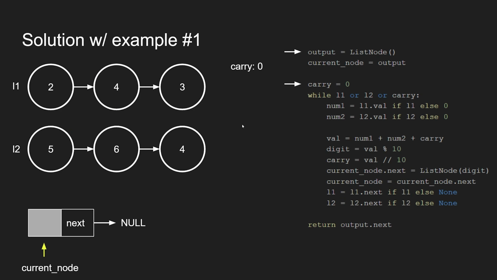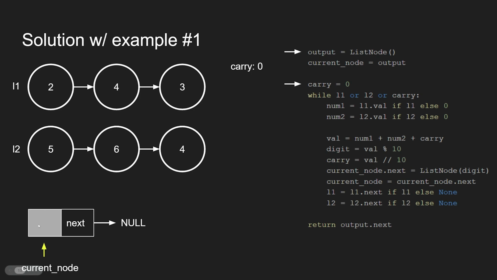So with example 1, 342 plus 465, these arrows here are representing where I'm going to talk through the code for this slide. Okay. So we define an output as a list node.